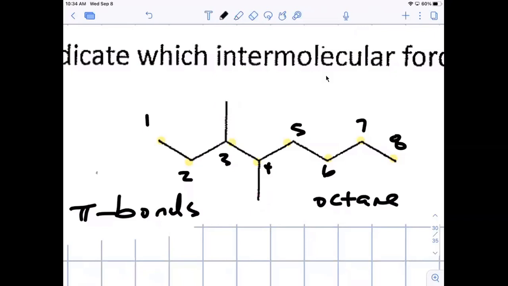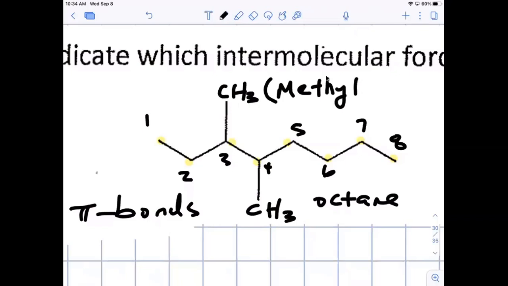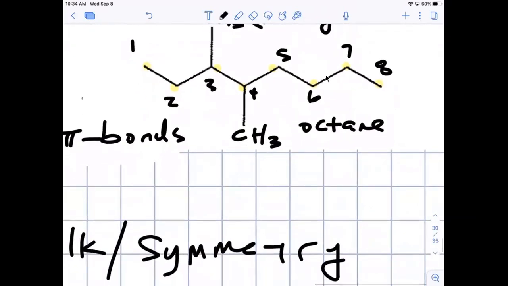So this is a CH3 right here. This is also a CH3. And when they are acting as substituents, we call them methyl groups. If it was a CH4, we call it methane, but because it's attached as a substituent, we call it a methyl. All right. So we have a methyl at 3 and at 4, and the parent is octane.